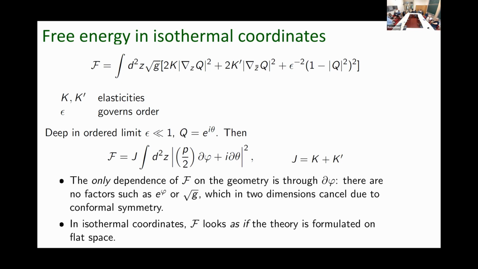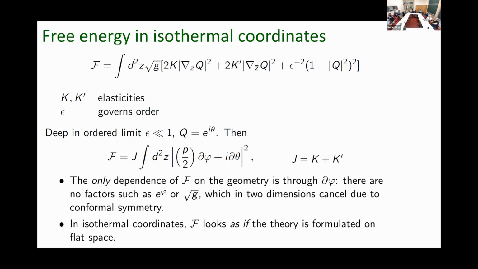In the Q there's dependence that is equivalent just by integration by parts. So that's one of them. And the other term, the K prime term, is purely due to the curvature. We can show by integration by parts that these two terms are related, and curvature times Q squared, for example.